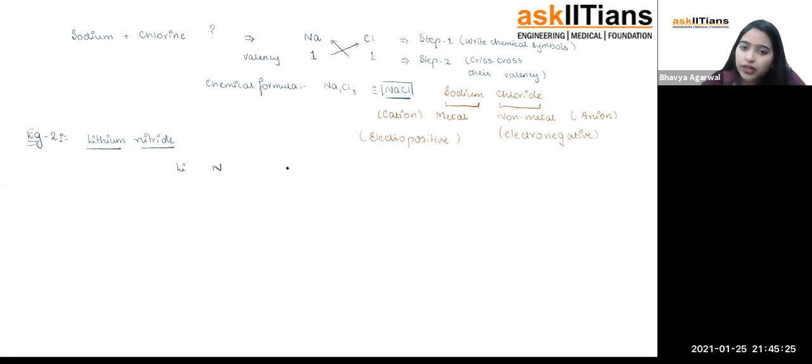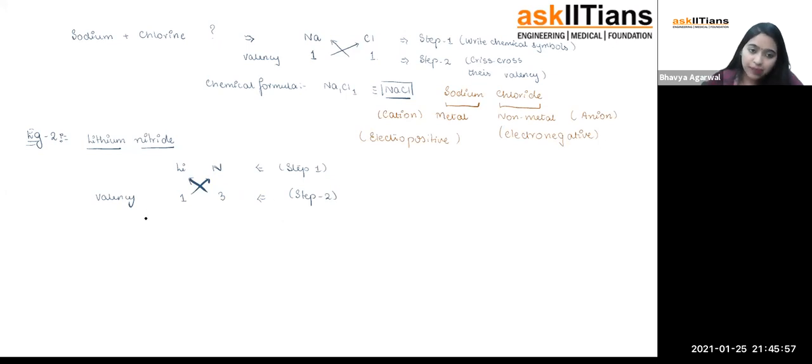So step one is to write the symbols: lithium and nitrogen. After that, we write their valencies. So the valency of lithium is 1 and the valency of nitrogen is 3. So what is step 2? Step 2 is to crisscross the valency.